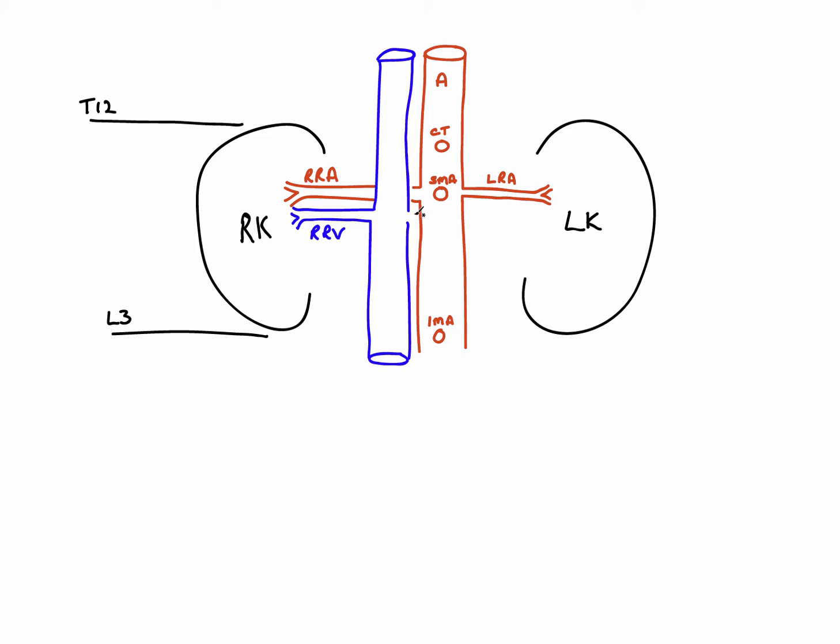The left renal vein is going to pass anterior to the aorta. So here we can see the left renal vein passing anterior to the aorta. So here we can see the right, and here we have the left renal vein. And these are the main blood vessels that pass to and from the kidney.